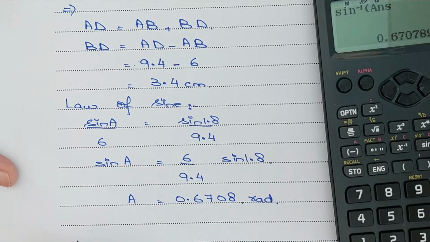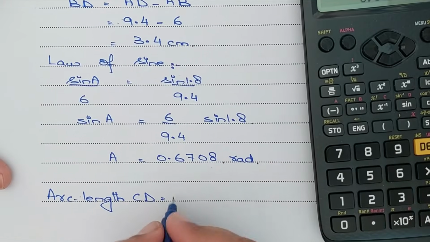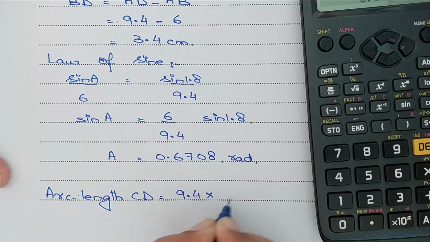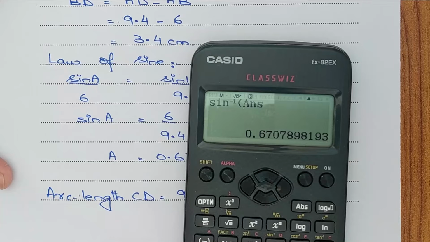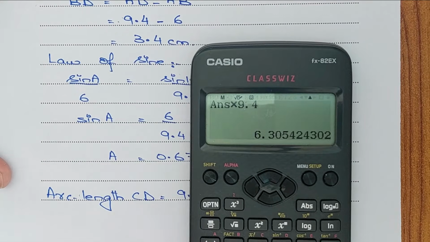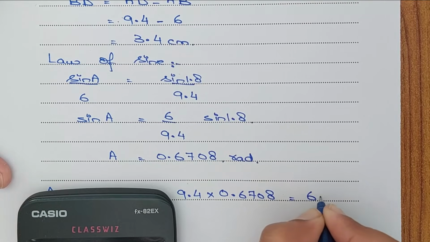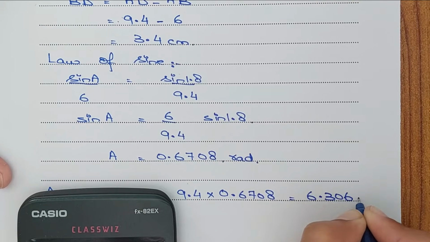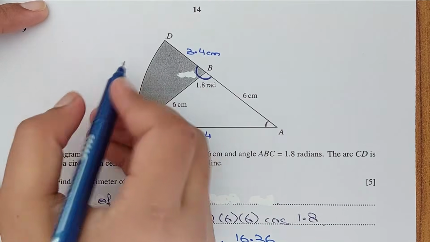Now to find arc length. Arc length CD is radius times theta. Radius of this arc is 9.4. So 9.4 times theta 0.6708, which is 6.306 centimeter, right?